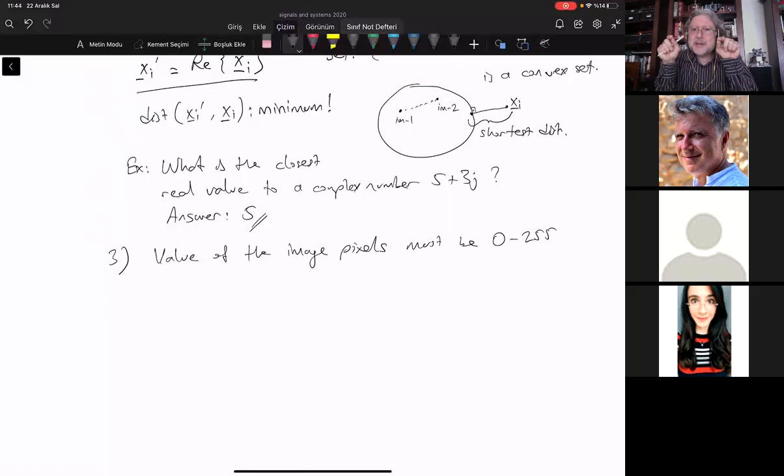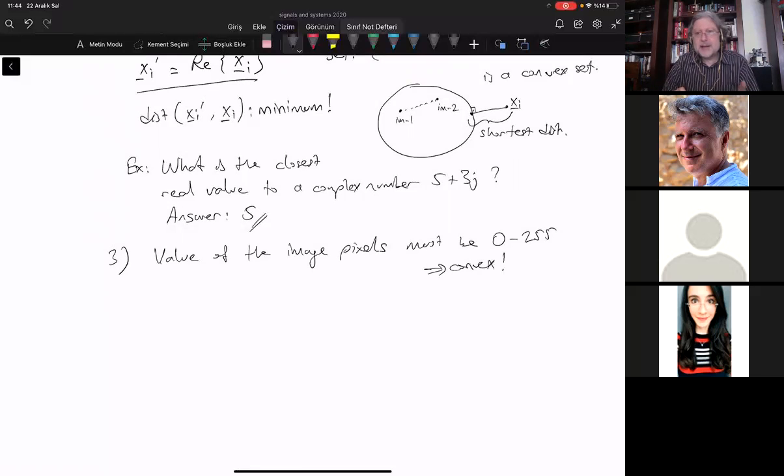Will it be in this range? Of course, obviously, right? So every image with pixel values between 0 and 255 will make a convex set, because their blends will also be having pixel values between 0 and 255. So this is convex.